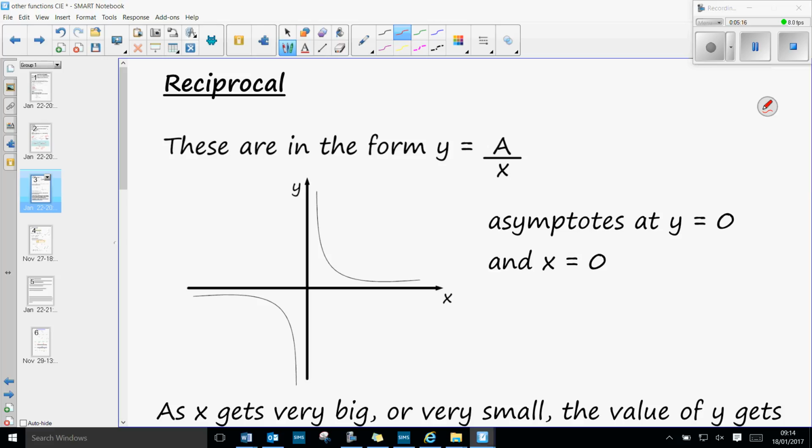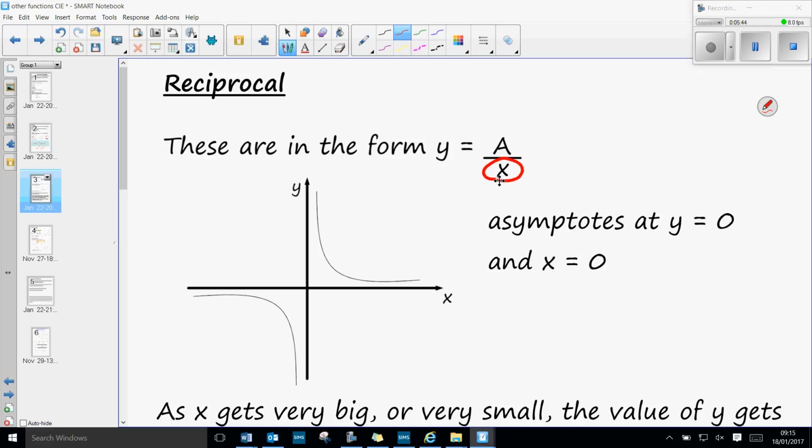Reciprocal graphs. They're in this format where you have some kind of number, and look where x is. X is on the bottom of the fraction. If x is in the denominator, it means that we have a fraction, but we know that we cannot divide anything by 0.